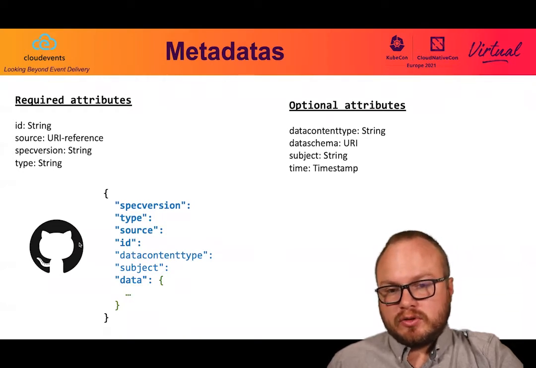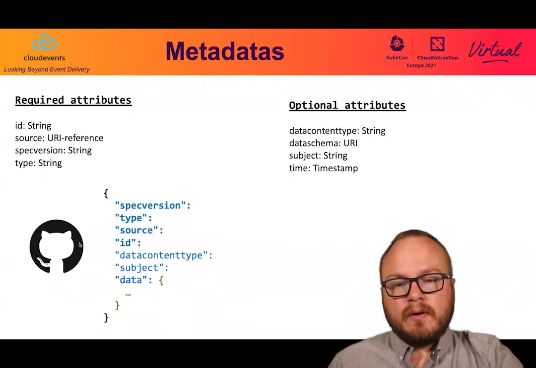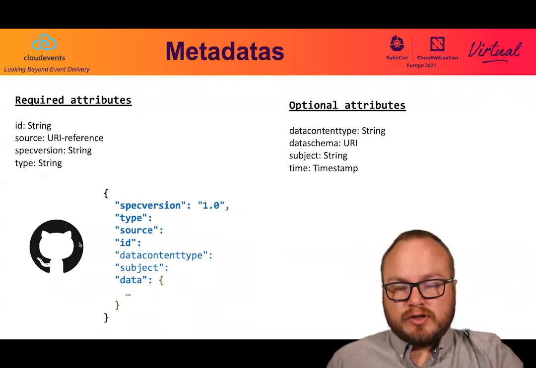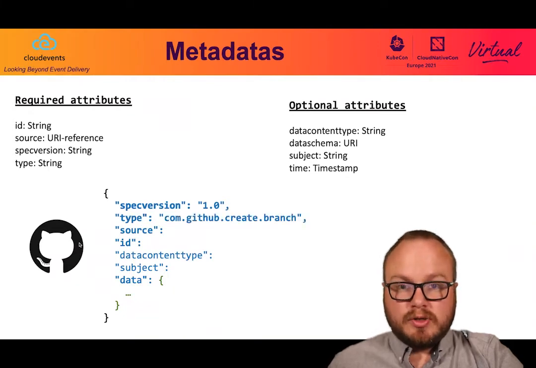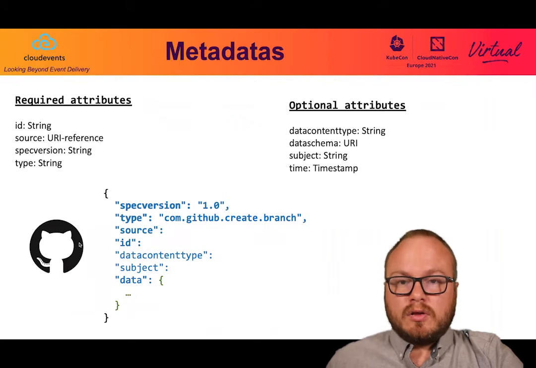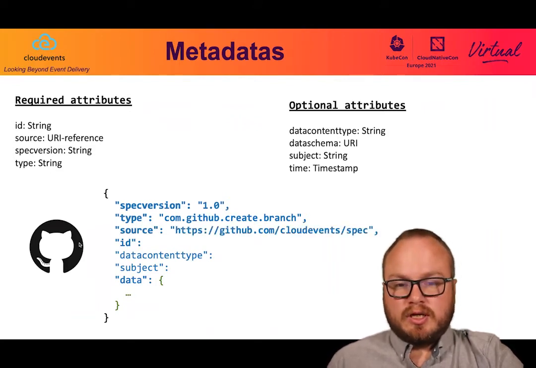Let's have a look at what it can look like if it was a GitHub event. In our case, the spec version will be 1.0. The type, if we create a branch, will be com.github.create.branch. The source will be the URL of our repository, in our case, CloudEvents/spec.